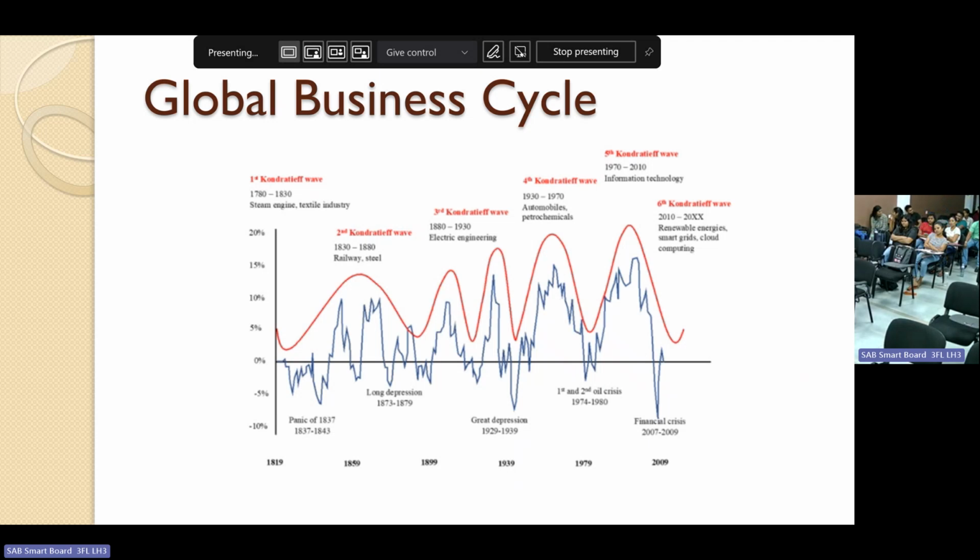Now we are in the renewable energy era. That era's expectations came with this COVID pandemic situation.